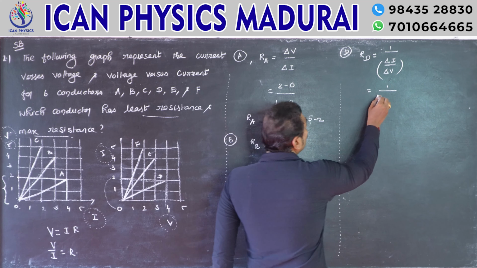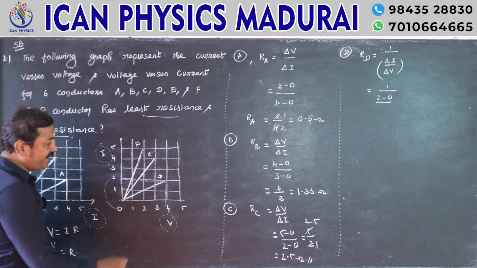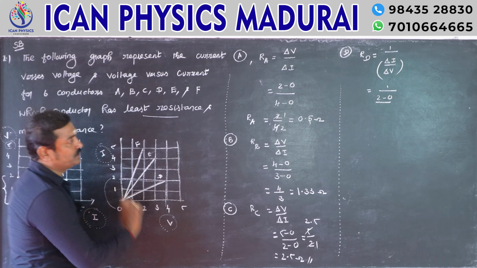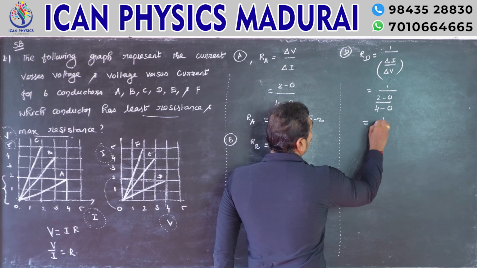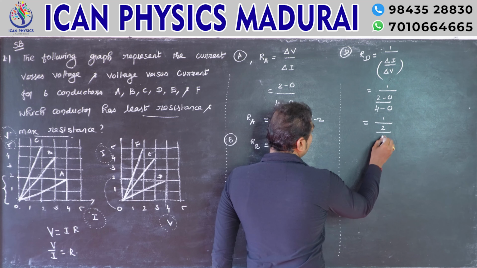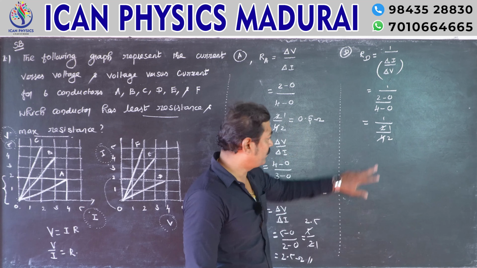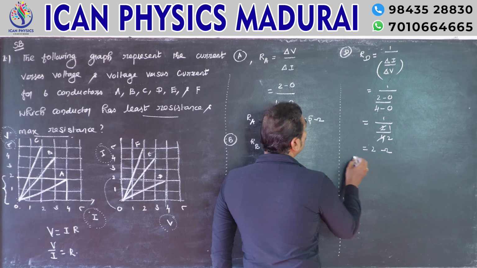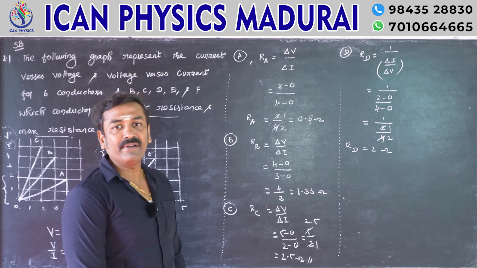So 2 minus 0 divided by delta V. So it will be 4, and the initial is 0. So 4 minus 0. 1 by 2 minus 0 is 2. 4 minus 0 is 4. 1 2 is 2. 2 2s are 4. Now it becomes a reciprocal. So it becomes 2 ohm, the resistance of D.